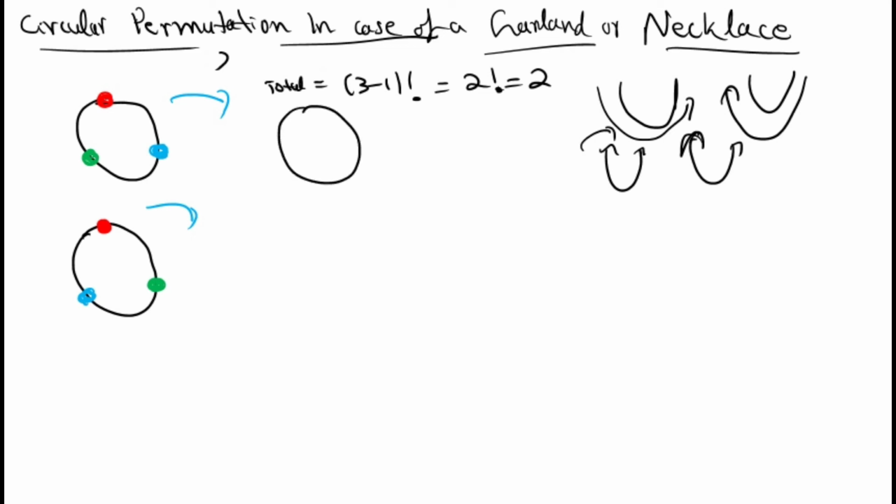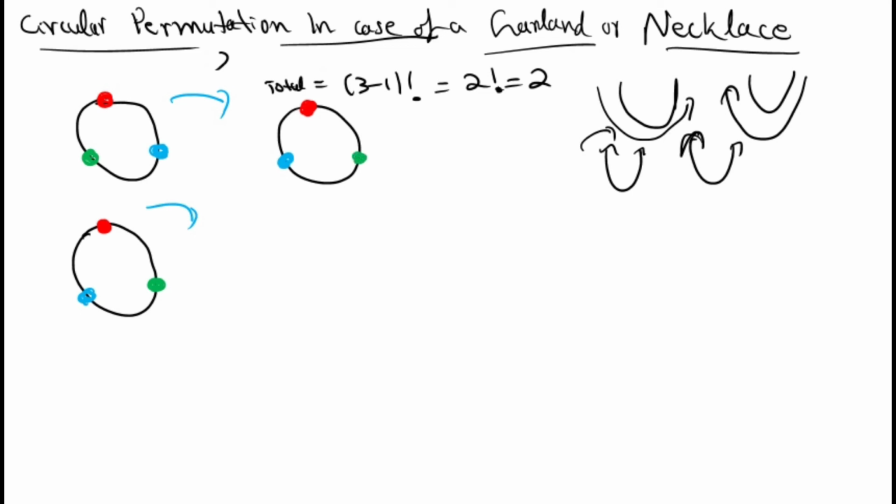Now see, if you flip the necklace, what will you get? Here the necklace is there, then take the beads. The position of the red bead remains the same, here the red bead. Then if you observe here, your blue bead comes here, right? The blue bead will come and the green bead goes here.